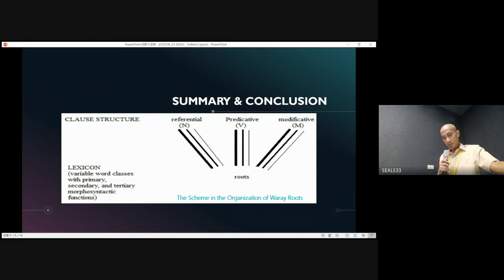While entity-evoking roots may primarily function for reference, they could also be utilized variably for predication and modification. Furthermore, attribute-evoking roots may also be used primarily for modification and could also be used variably for predication and reference.